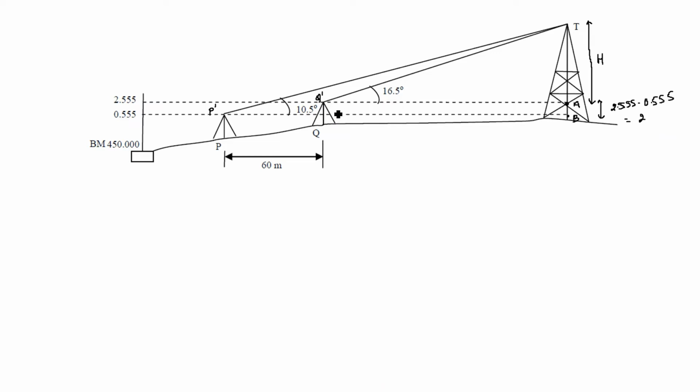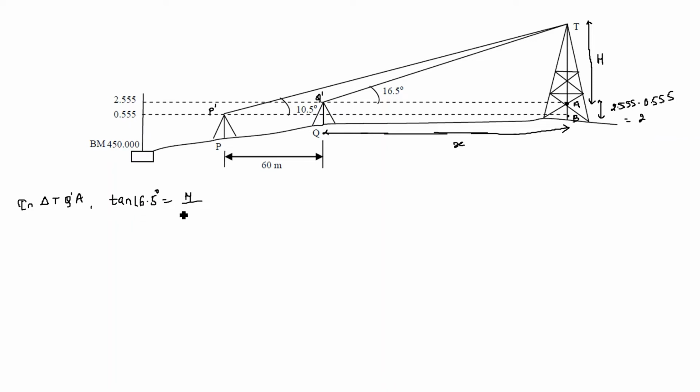So, here in triangle T Q dash A, can we write tan 16.5 degree is equal to this height H divided by this length Q dash A. Suppose this length Q dash A is x.